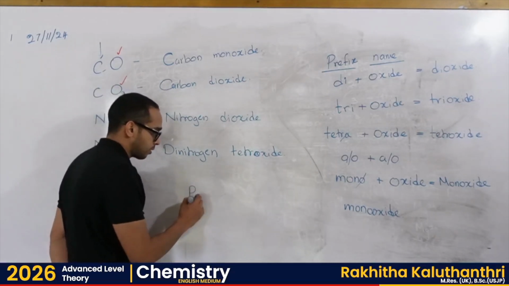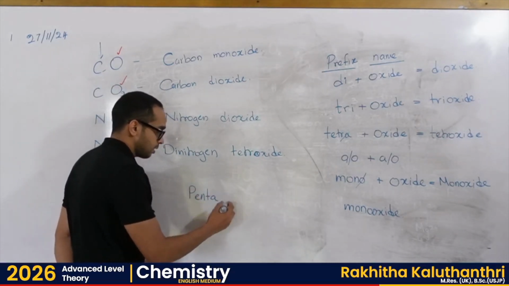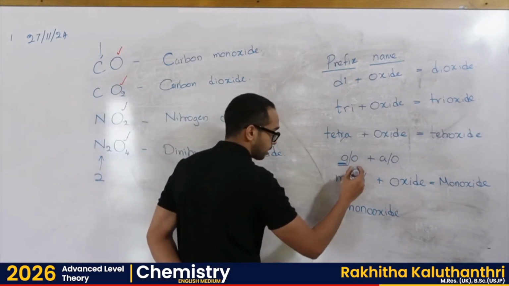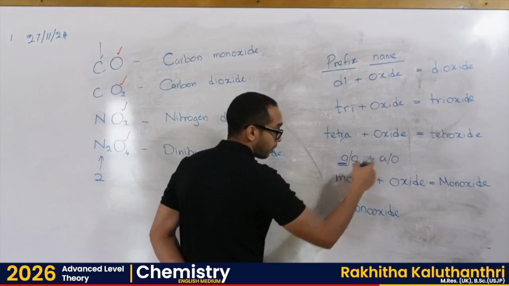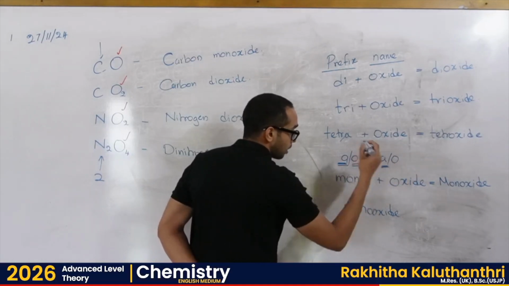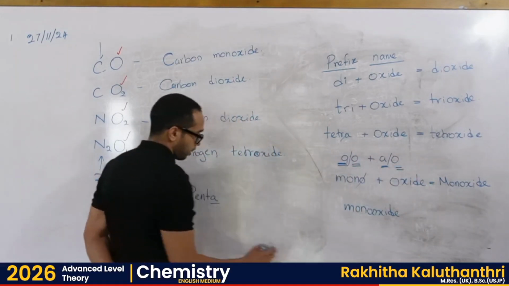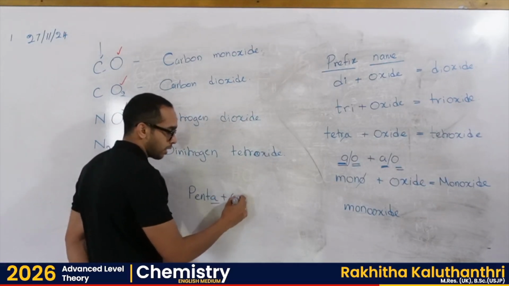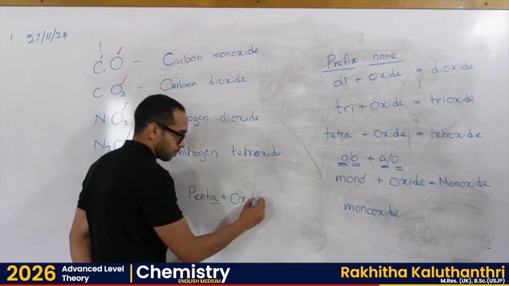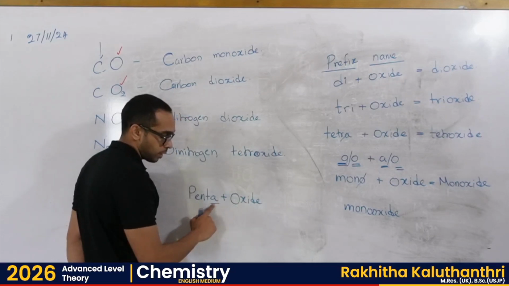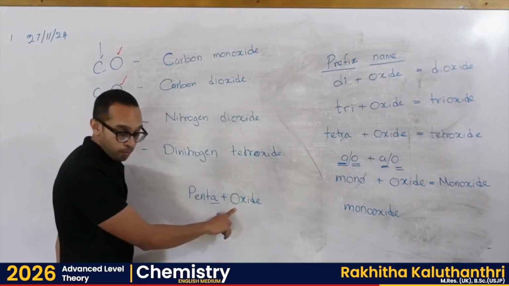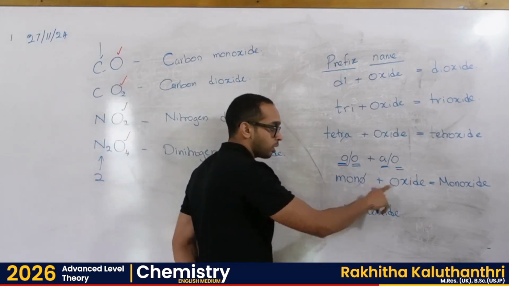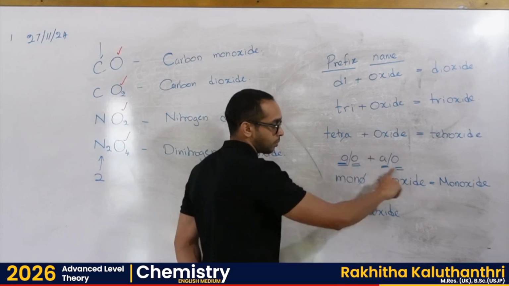These are some examples, right? Penta ends with A. So we have these two. If the prefix ends with A or O, and the next element's name starts with A or O, then the last letter of the prefix gets cancelled off. So pentaoxide: you can see it ends with A, the next name starts with O. Here the prefix ends with O, the next name starts with O. So still within these parameters.